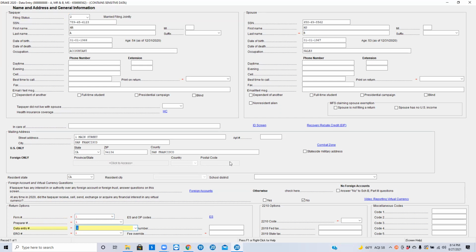There are two more little things in here. Down here, it says: at any time in 2020, did the taxpayer receive, sell, send, exchange, or acquire any financial interest in any virtual currency? If you did, you say yes, and then you need to report that.